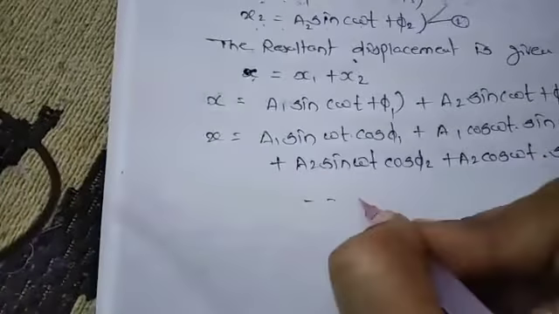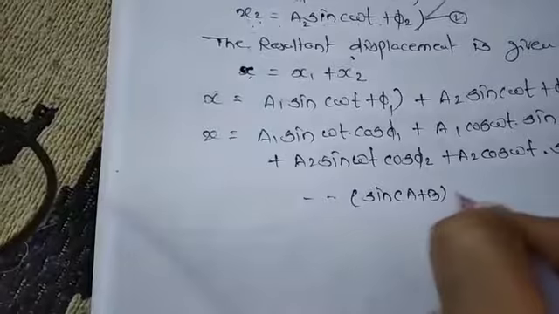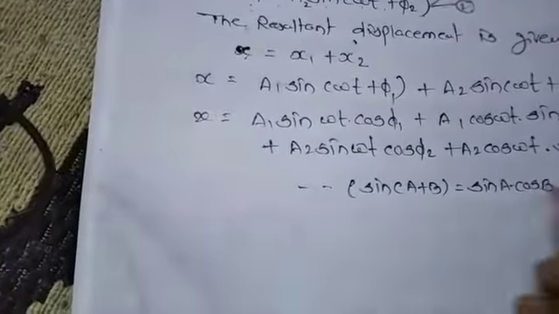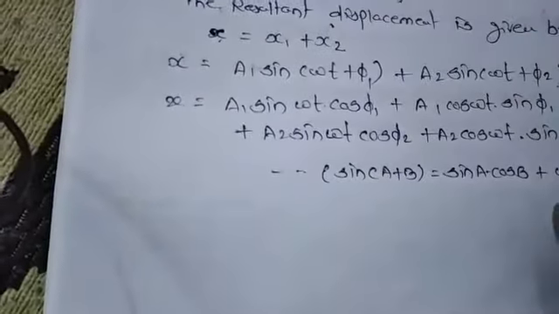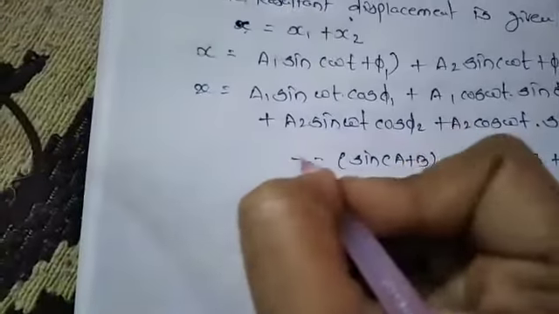Here we have used the formula of sine of A plus B as sine A into cos B plus cos A into sine B. By using this formula, we have written this equation.